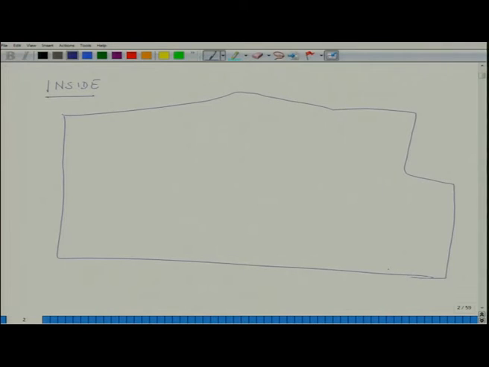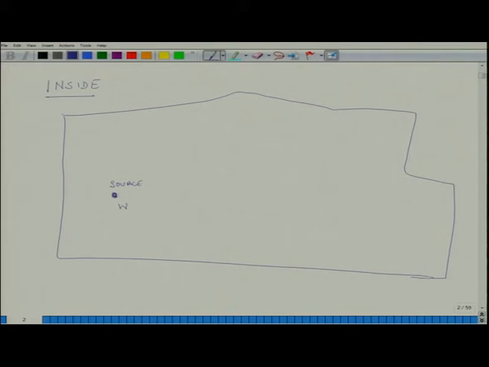So, I am drawing some complicated or arbitrary non-rectangular shape, and this is a closed room, and let us say there is a source, it could be a fan or a motor or a lathe machine or whatever, and this is generating noise, and let us say it is generating W watts of sound energy, W joules of sound energy each second.